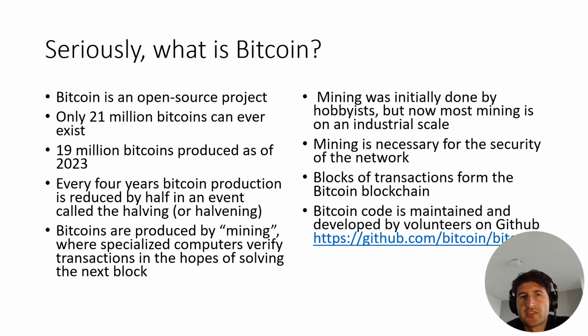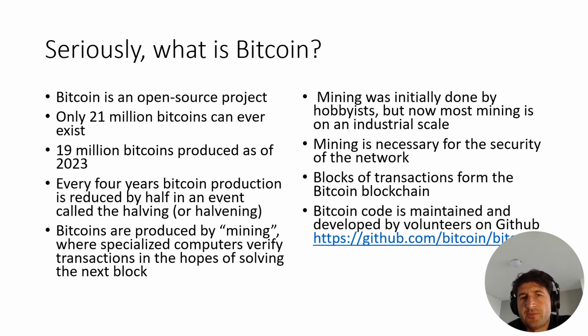So there is a fixed total amount of Bitcoin, and that can't be changed. As of this recording, there are 19 million Bitcoins that have entered circulation, and there's only 2 million Bitcoins that will slowly be produced over the next 100 years or so. Every 4 years, Bitcoin production is reduced by half. It's an event called the halving, or the halvening if you prefer.